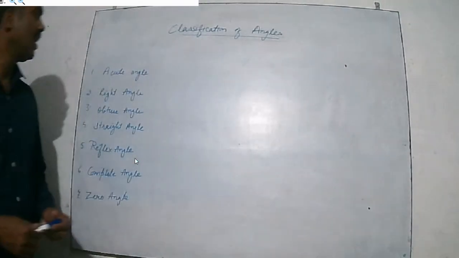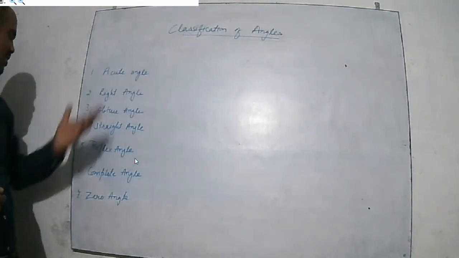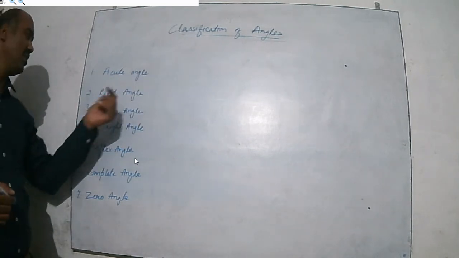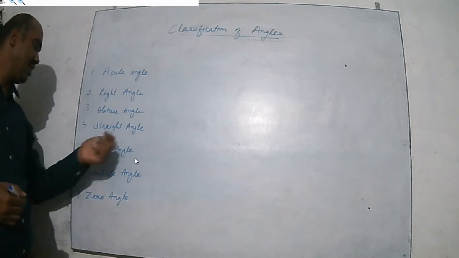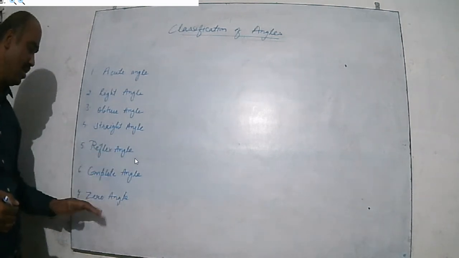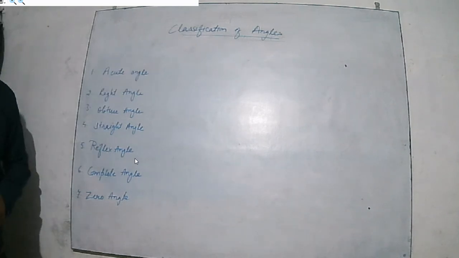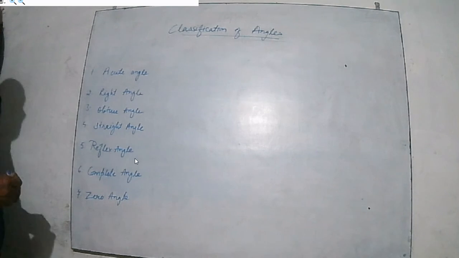Now in classification of angles, our angles are divided into 7 parts. First is acute angle, second right angle, obtuse angle, straight angle, reflex angle, complete angle, and zero angle. If we talk about acute angle, acute means an angle whose measure is more than 0 degree and less than 90 degree.